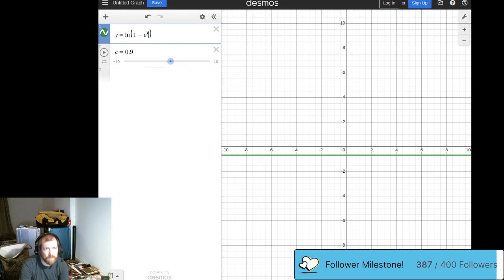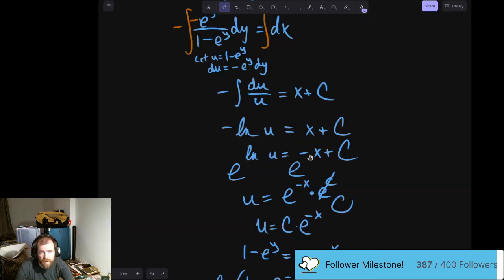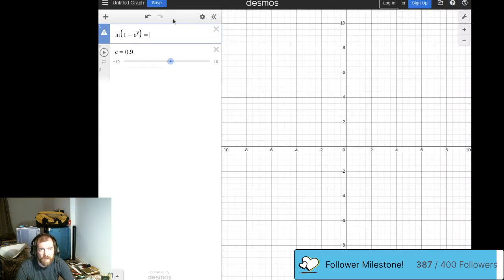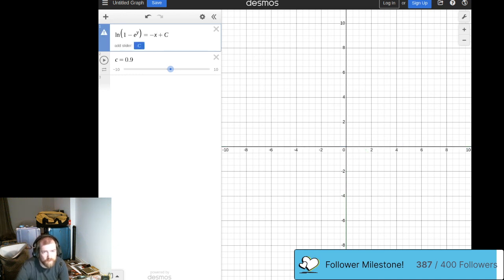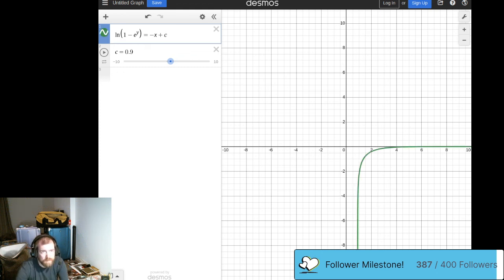No. Natural log 1 minus e to the y is equal to negative x plus c. Nah, it's equivalent. Oh, wait. Lowercase. There you go. Yeah.